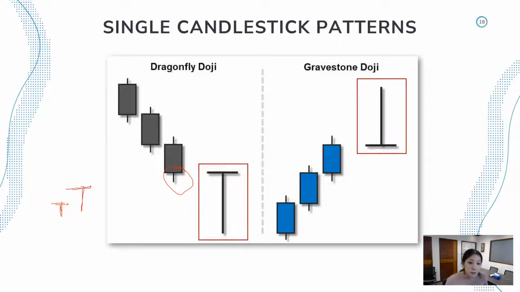If it is a baby dragonfly, like I mentioned earlier, it will be easily squashed. And if it is a big dragonfly, like a big wig, then it is a force to be reckoned with and will lead to more successful bullish reversals.